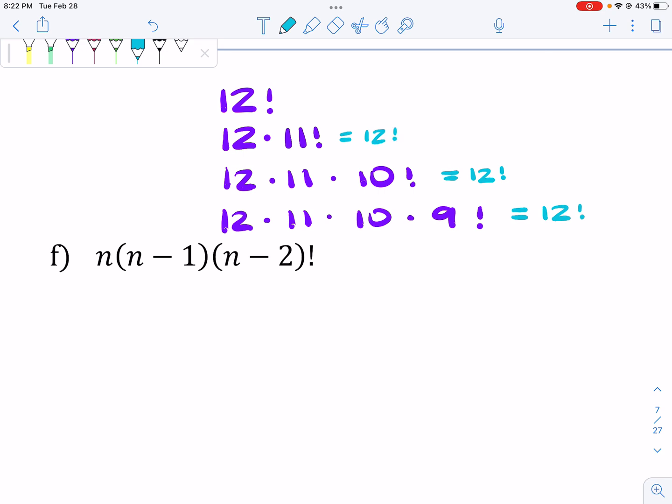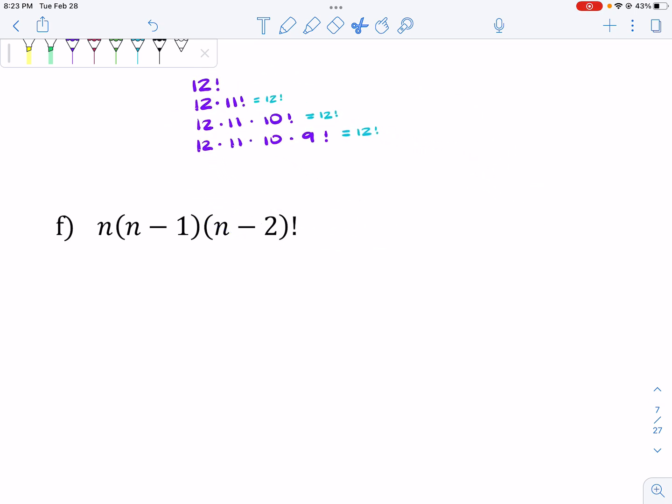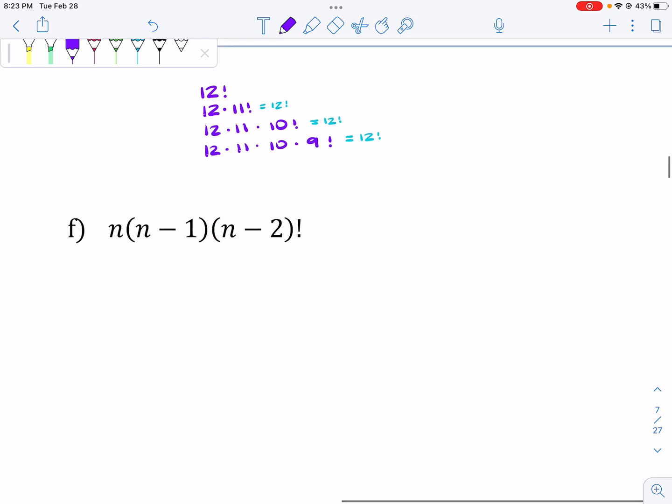So if I'm looking at this example, yeah, they don't use numbers, they use variables, but the same thing applies. If I have n minus 2 factorial, one bigger than n minus 2 is n minus 1, and one bigger than that is n. So this whole expression can be rewritten as n factorial. We can just combine it to one simpler factorial instead of multiplication with a factorial at the end.